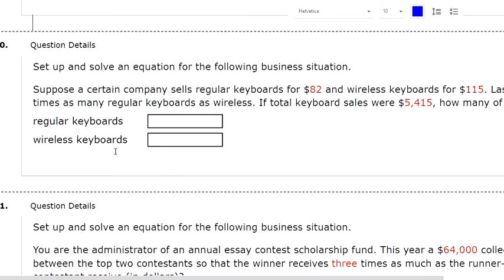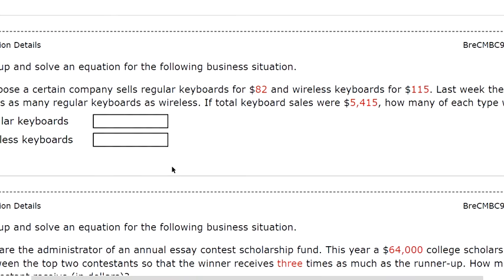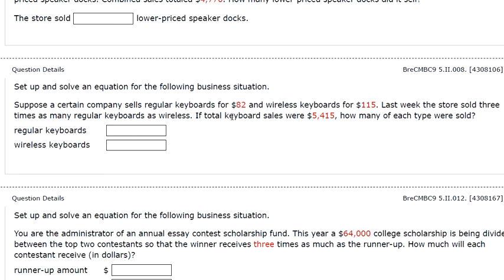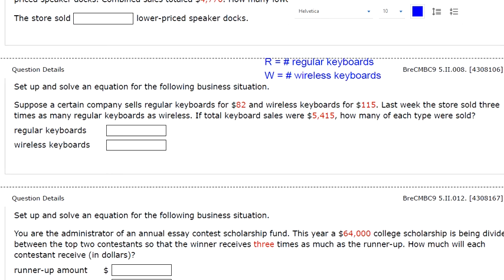Okay, so question 10 here. Same type of thing for question 10. A company sells regular keyboards, which we'll call R, and then it also sells wireless keyboards, so we'll call those W. So let's make an equation like we did in that last problem.